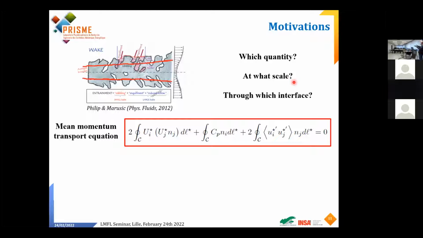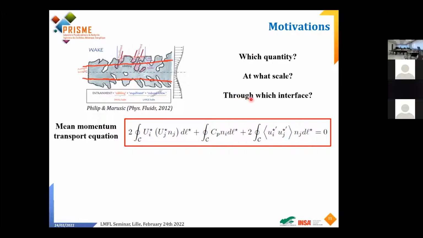If I travel a distance of 100 kilometers, I will consume a certain amount of energy, a certain amount of fuel, and this is connected to my mean drag. So here is the mean momentum transport equation, written in a dimensionless form. I will come back to this later. These are the first two questions.